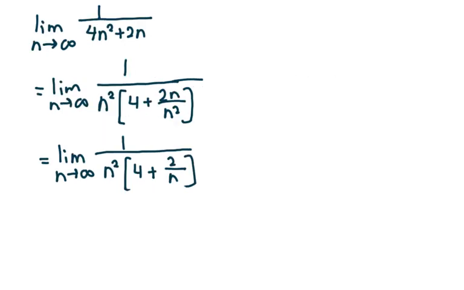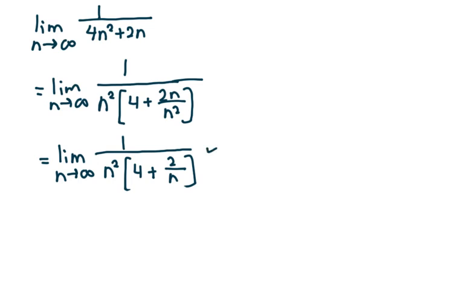Now, we want the limit as n goes to infinity of 1 over 4n squared plus 2n. But this can be written as follows. This is the limit as n goes to infinity of 1 over n squared times 4 plus 2n over n squared. So I factored out the highest degree in the variable raised to the highest degree in the denominator, essentially.